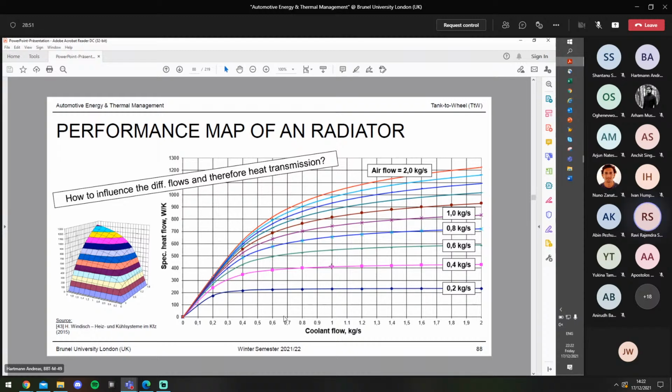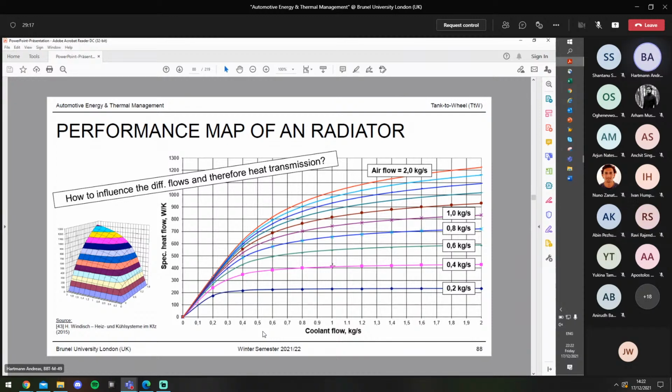We'll increase the airflow, as we can see from the graph that if we increase the flow of the coolant, the heat transfer doesn't change much. But as the airflow increases, the heat transfer is quite more. So we can do it by placing some fans or maybe increasing the speed of the vehicle, I guess.